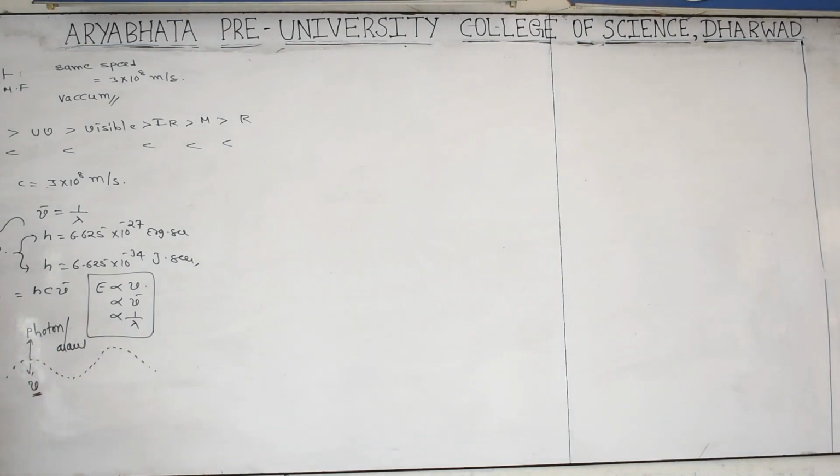The total radiation has n number of quanta, so the energy of the radiation is equal to n times the energy of each quantum. N is the number of quanta, meaning the number of photons. For example, one radiation contains 5 photons and each photon has 5 kilojoules of energy. Then what is the energy of the radiation? 5 into 5, 25. Are you getting it? Yes.